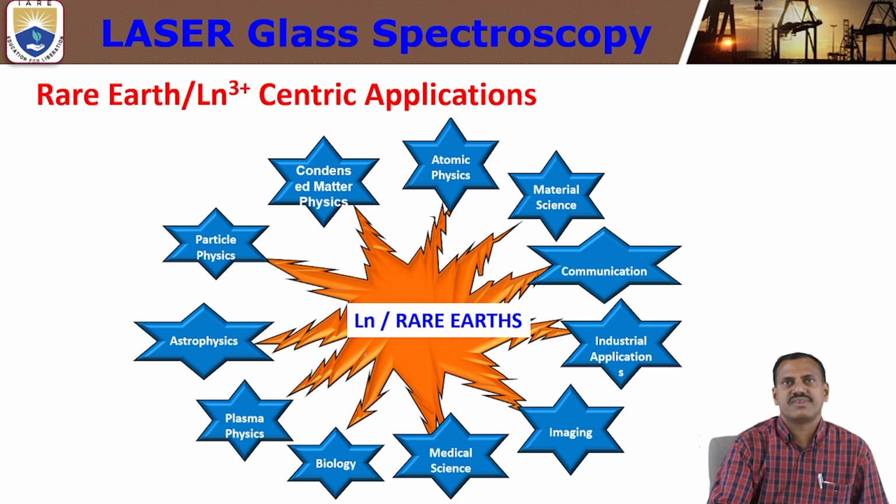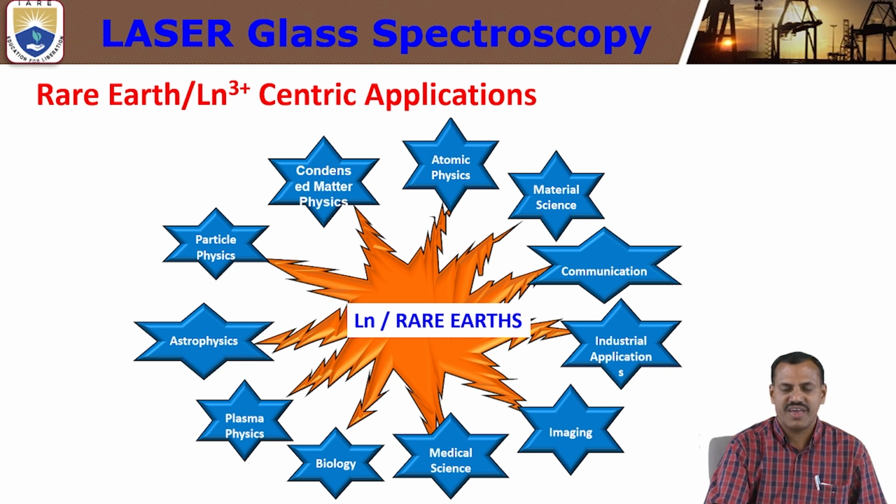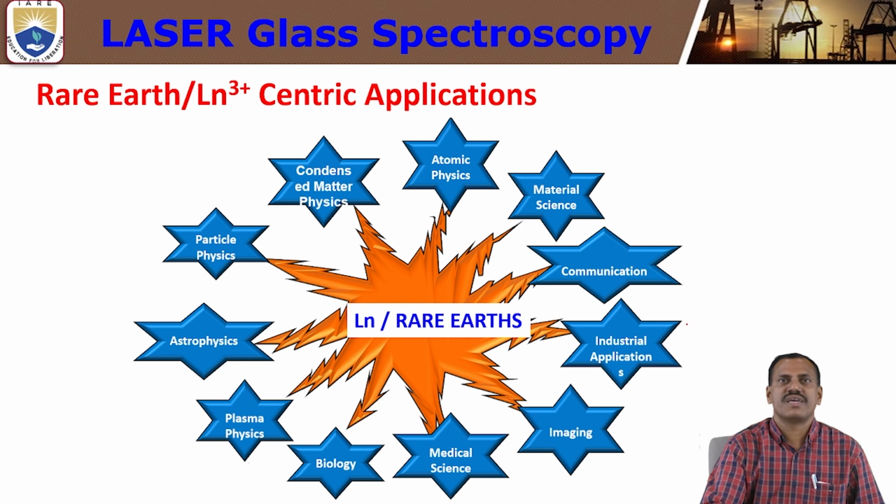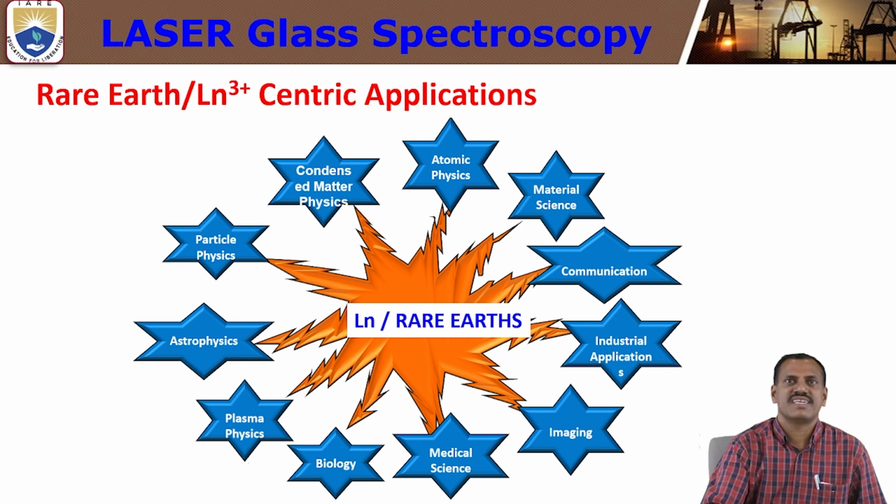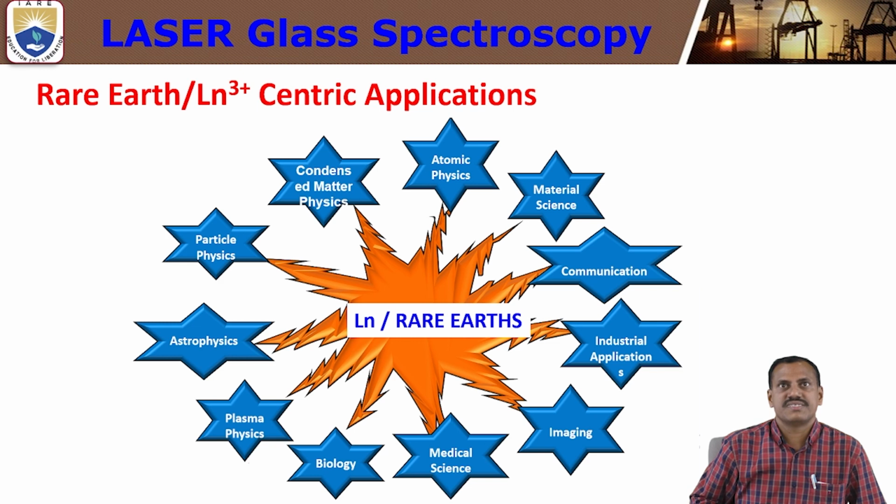Lanthanide-doped laser glass spectroscopy is a vast subject. We can use different kinds of lanthanide ions for different applications. So these are the different applications whenever rare earth ions are doped into glass materials.